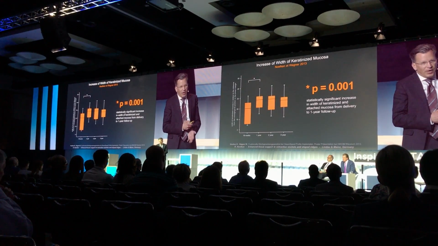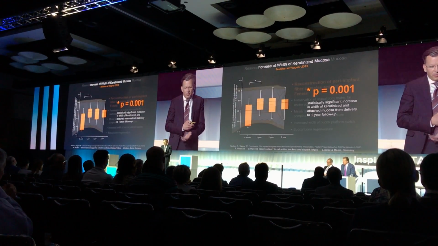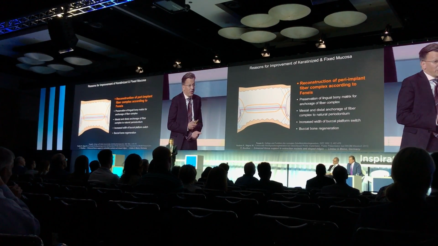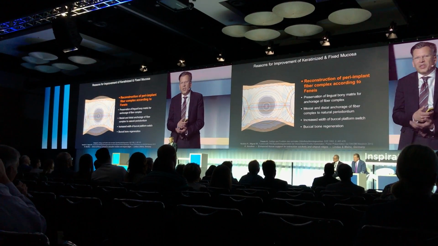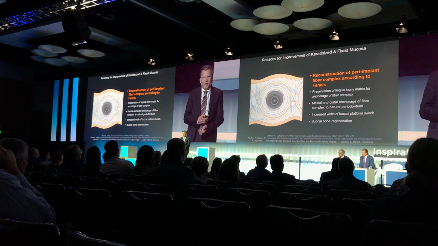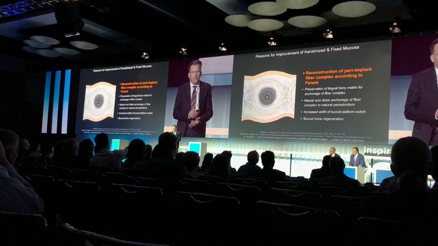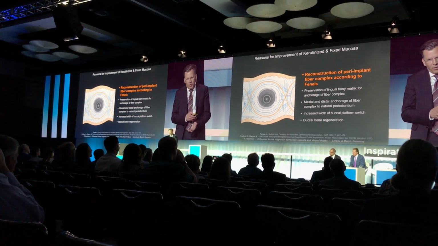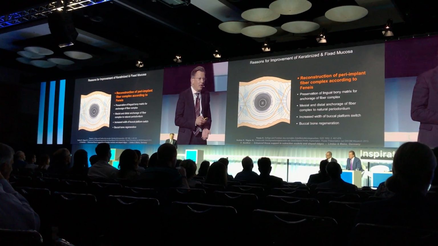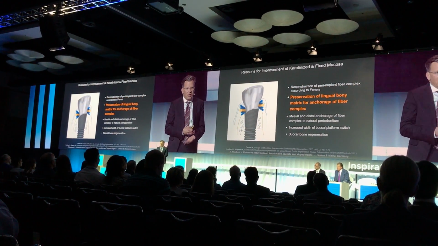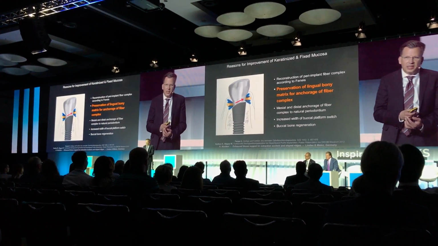It's a little bit of a strange effect. I have never seen this before. The reason is not fully elucidated by now, but we think that the reconstruction of the peri-implant fiber complex, described by Finis already in 1952, is the reason, as well as the maintenance of the lingual bony matrix by the special implant design.